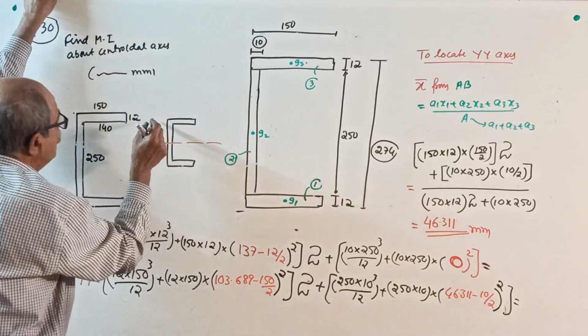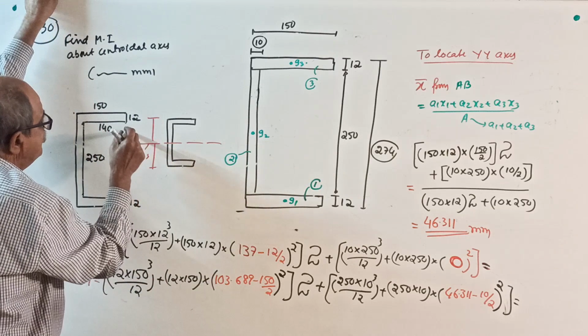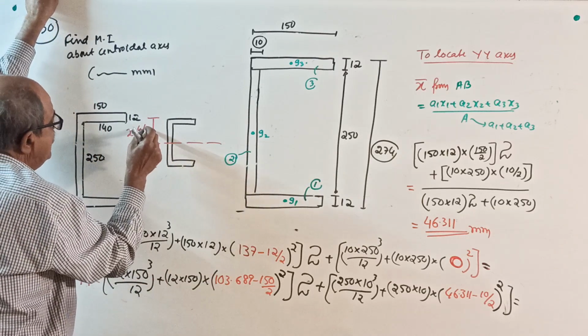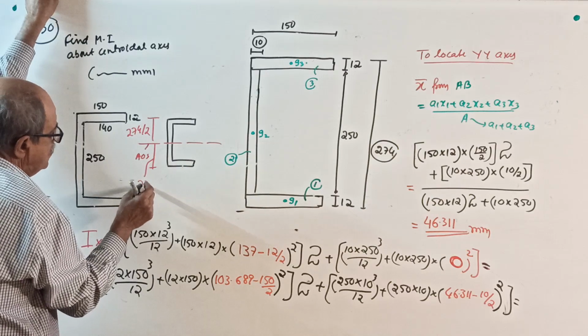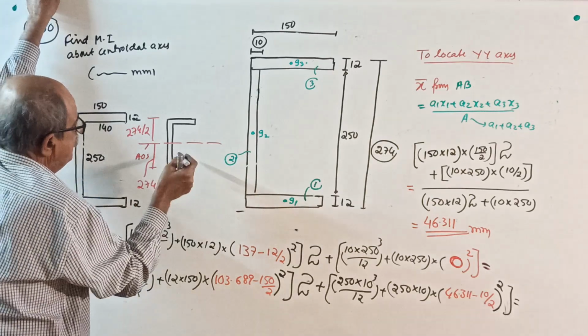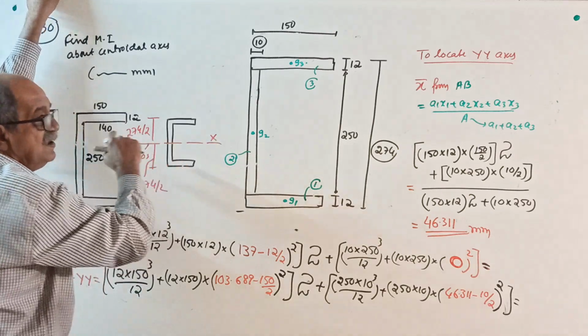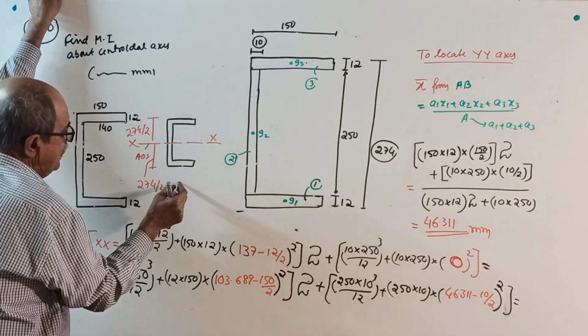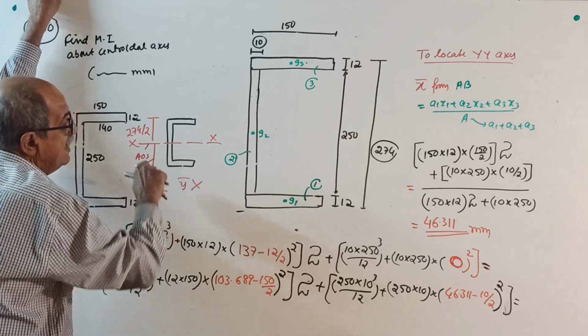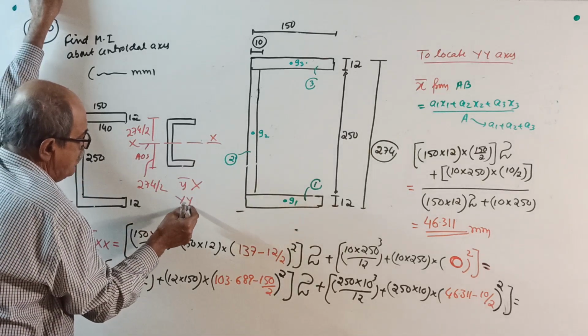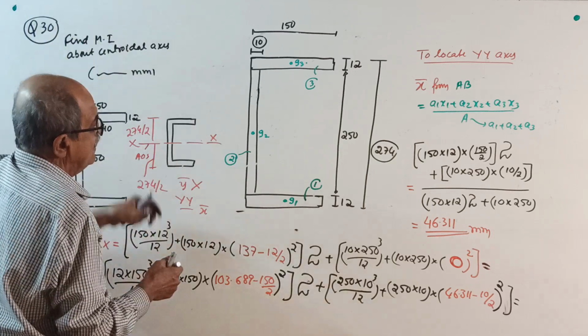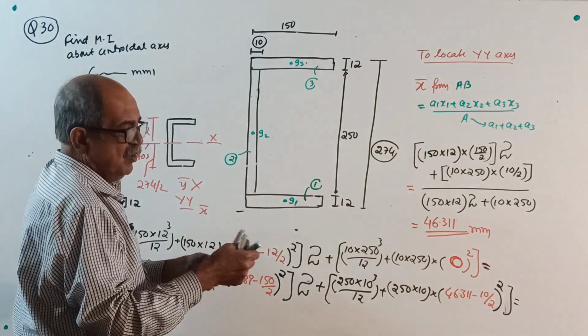Each half will be 274 by 2. Therefore, you need not locate the x-axis, which means y bar is not required. We have to locate only x bar.